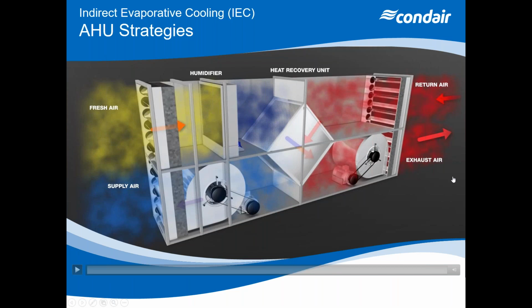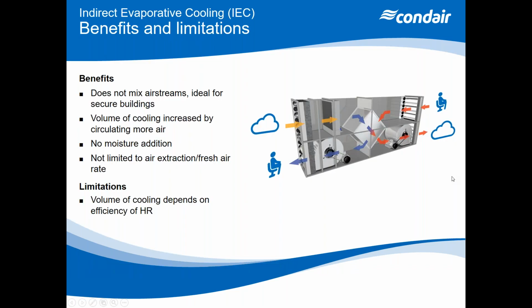So in an application where you don't want the air streams to mix, something like a secured building, this is ideal. And the volume of cooling can be increased by circulating more air. And of course, there's no moisture addition.